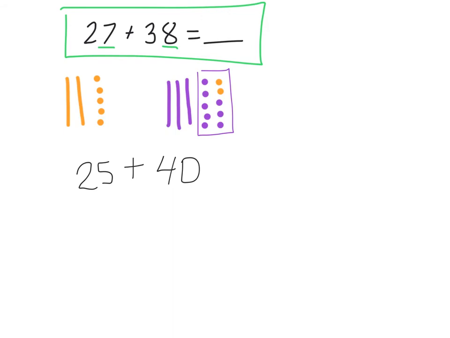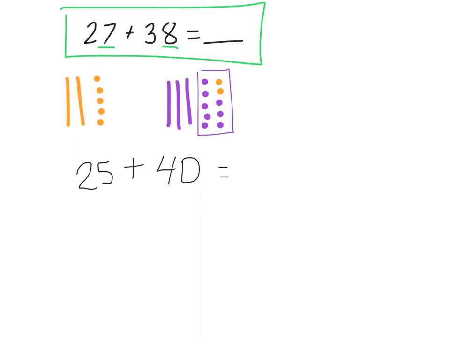So now, looking at our new addition sentence of 25 plus 40, we can find the sum. Well, we can add 40 to 25 in our heads by just counting 4 more tens.